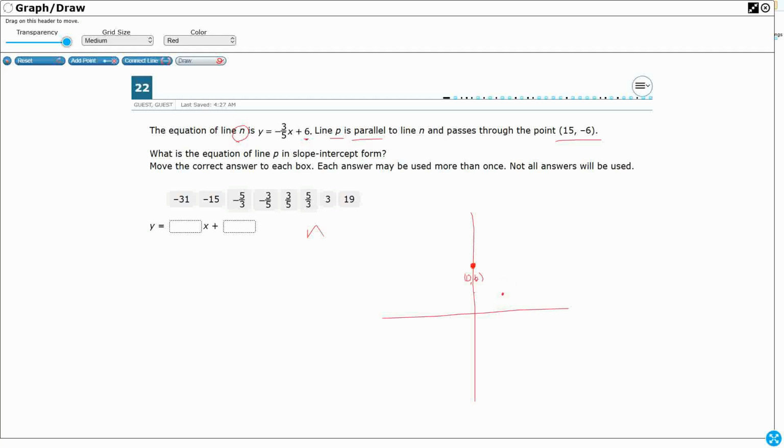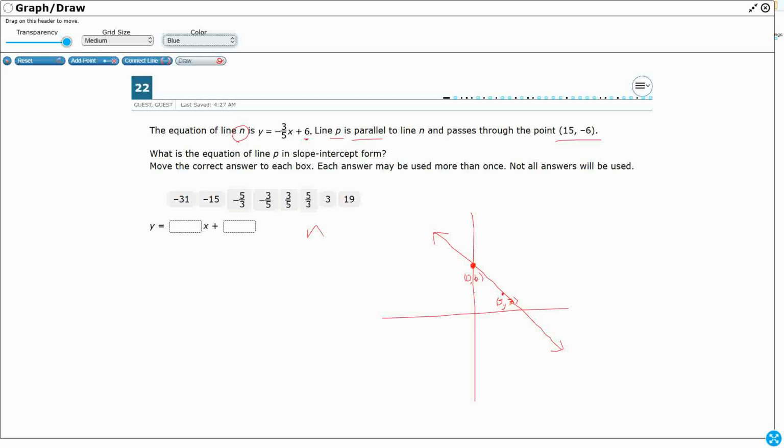Let's see, our x is going to be 5 and our y is going to be 3. So we're going to do that right there because I went down 3 and I went over 5. And then here we go, I'm going to get a line kind of like this. Now, if I were to look for this new one, it's going to go through point 15, negative 6.